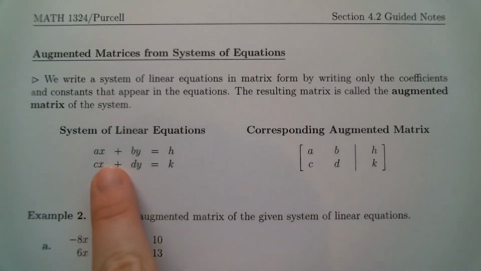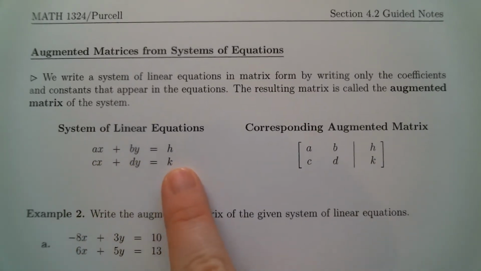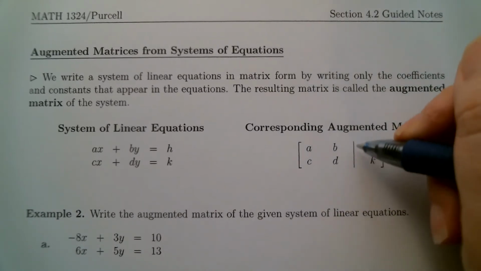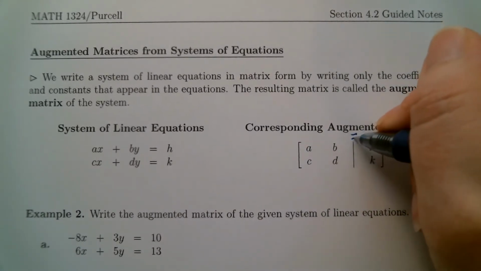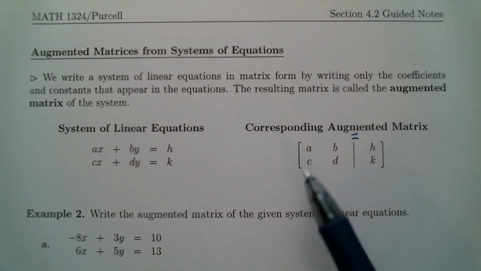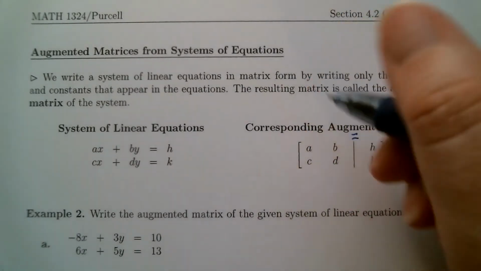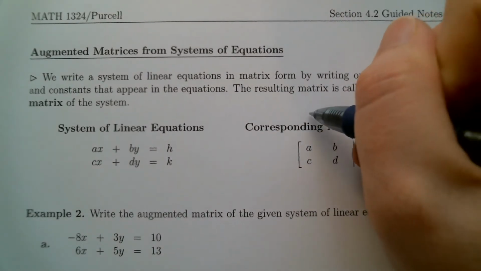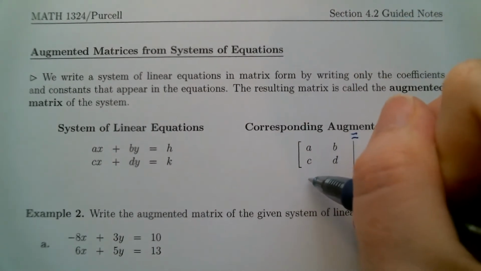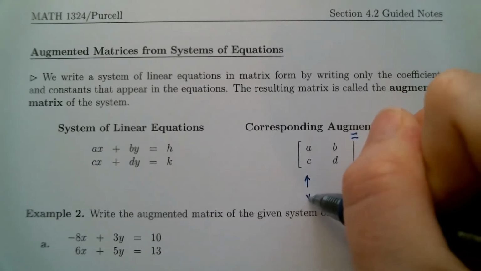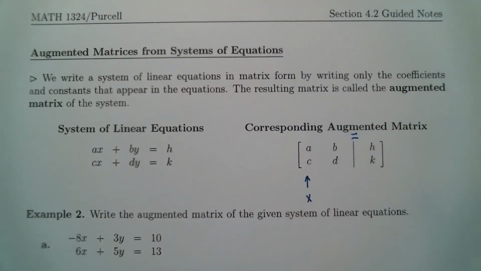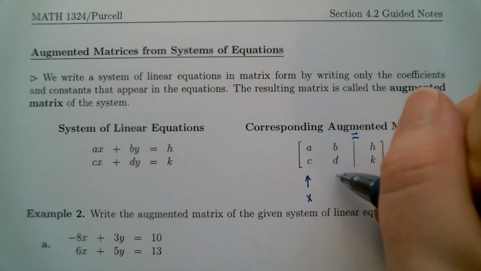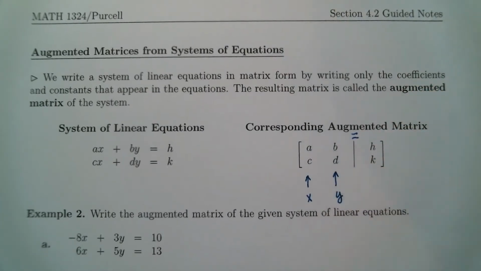Take the first equation, ax plus by is equal to h. Look at the matrix. First of all, you're going to see a vertical line here. Think of that as the equal sign. On the left side of this vertical line, the first column is going to be the numbers in front of x, and the second column is going to be the numbers in front of y.